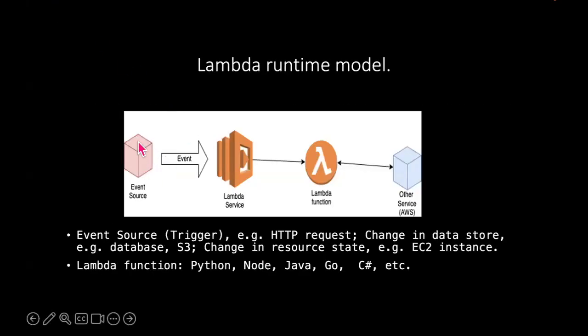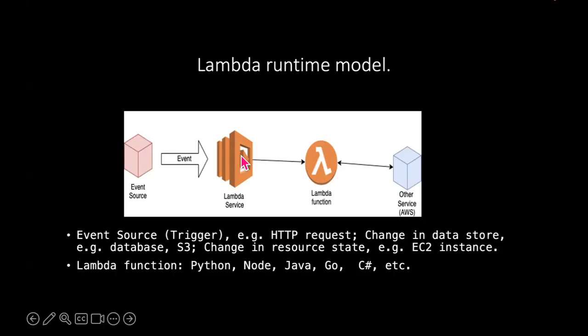You had some sort of event source which created an event. We model an event simply as an object, a JSON object in our case. That JSON object is targeting a particular Lambda function. And it's important to distinguish between the Lambda service and the Lambda function.